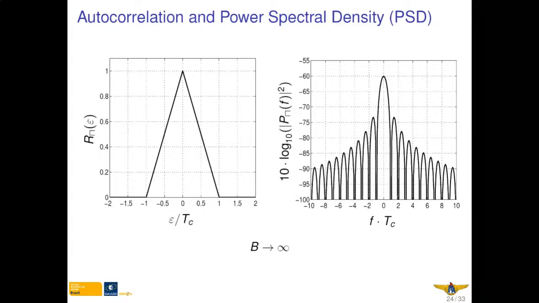And on the right-hand side, you have the power spectral density of this signal, which is a sinc function with one lobe that is located around the carrier frequency. Here we can also see in the autocorrelation function that we have a very sharp peak, and this peak usually determines how exactly we can synchronize with the received signal and how exactly we can estimate the time delay.